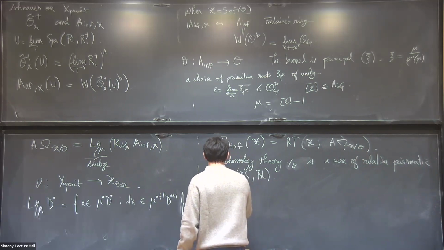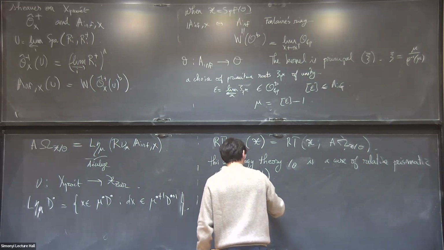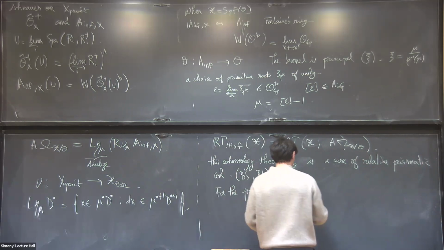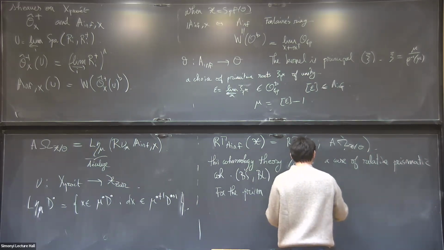So it will be for the prism A_inf, and then I have to specify a Cartier divisor here, which is the kernel of theta.